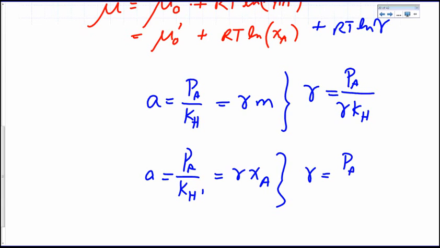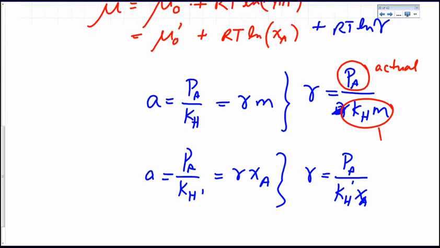It's just going to be P_A over K_H times molality, and this one is P_A over K_H prime times mole fraction. Think of it this way. This P_A is the actual partial pressure of A in equilibrium with your solution.